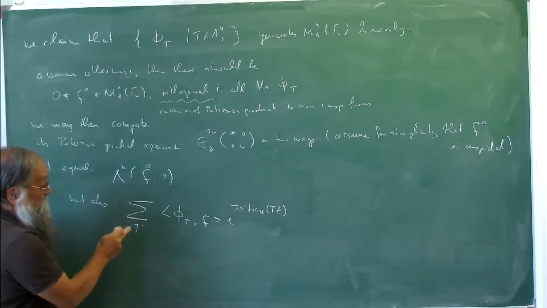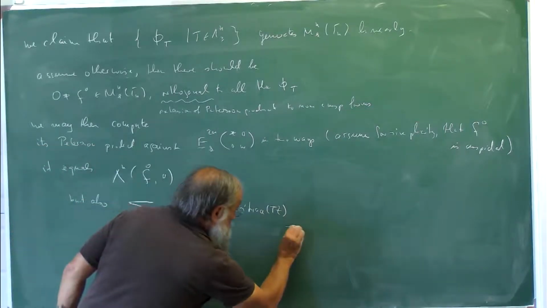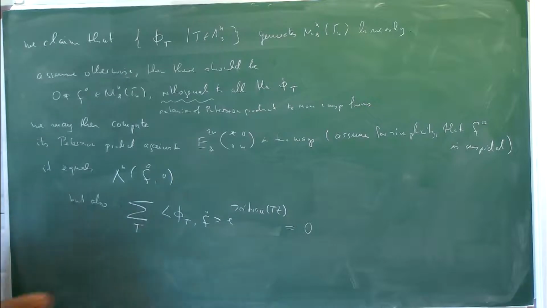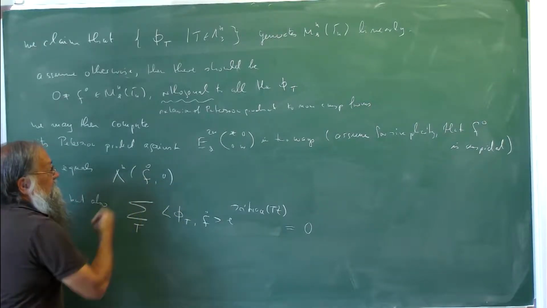But since it is orthogonal to all the phi t, it is 0. I assume that it's orthogonal to all these. Now, on the other hand, let's see what's happening here.